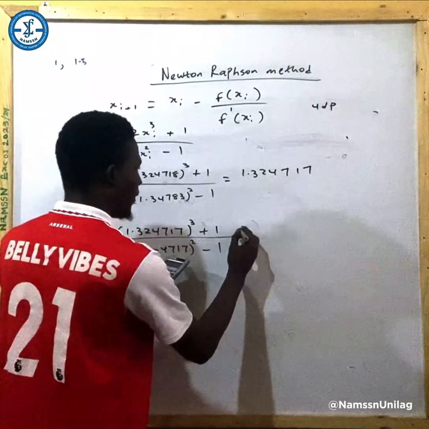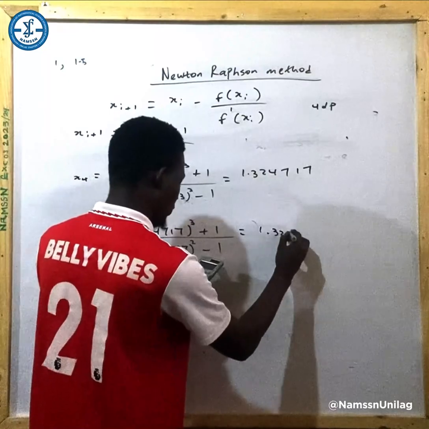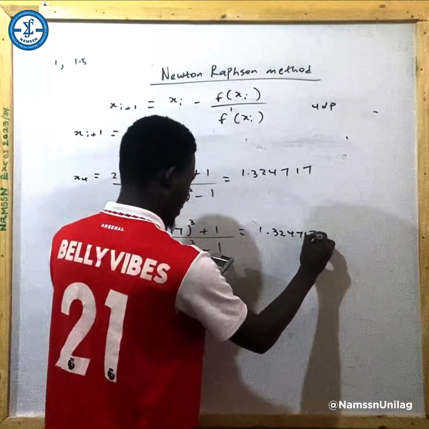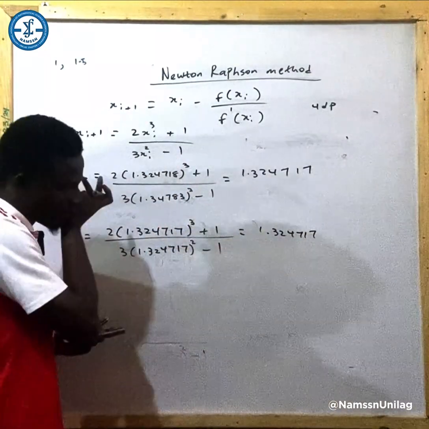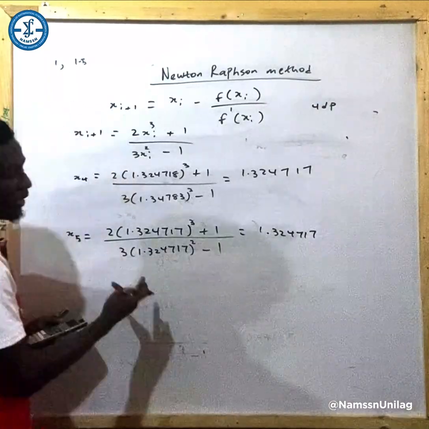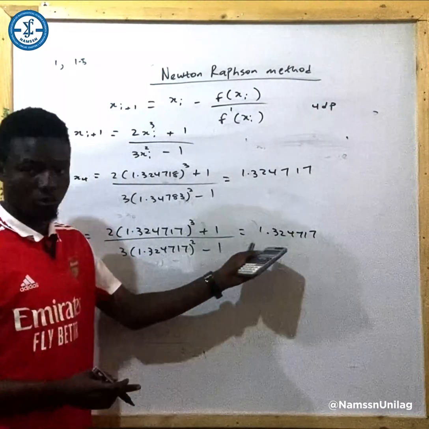So I'm having 1.32417. So since for 3 iterations now, I'm having consistent answers.